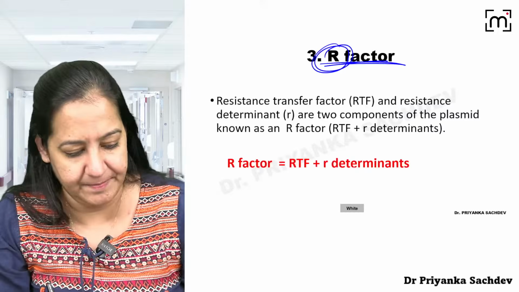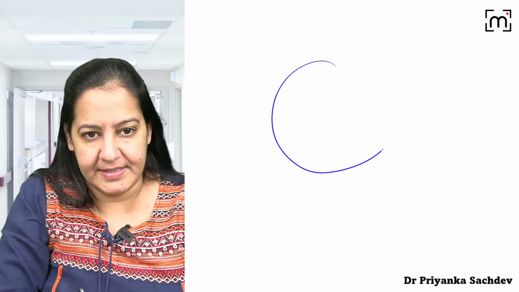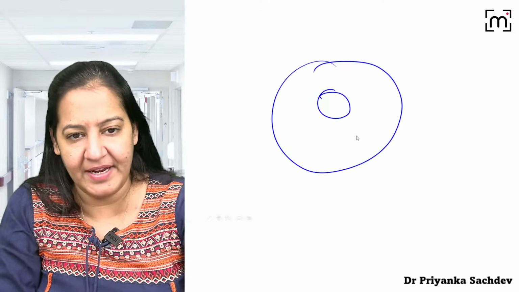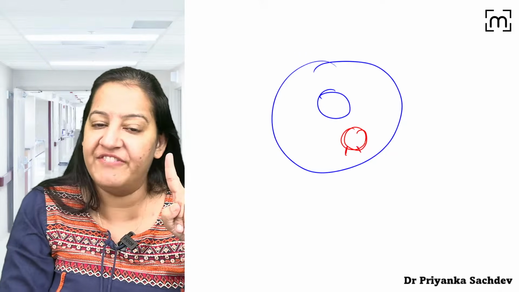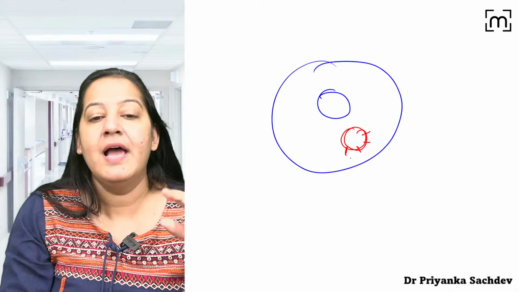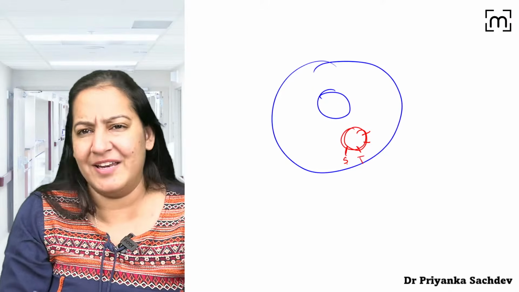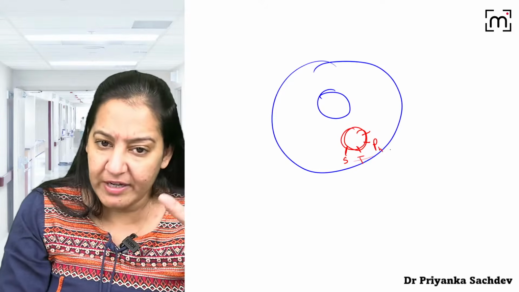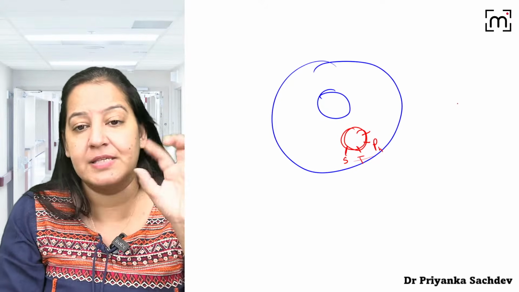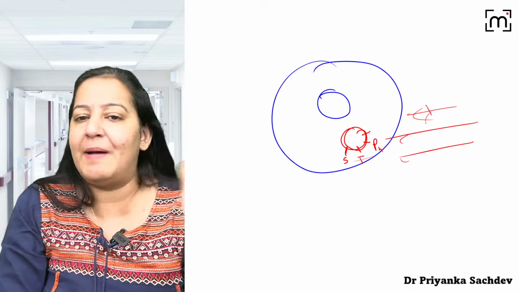Let me draw another plasmid. Just a second. This is the bacteria. This is the DNA of the bacteria. This is the plasmid. This plasmid has various genes for various antibiotics, like for sulfonamides, tetracycline. You know, there are numerous antibiotics, right? Penicillins, multiple. Whatever resistant genes it has, if you put all those antibiotics, this bacteria will not die.